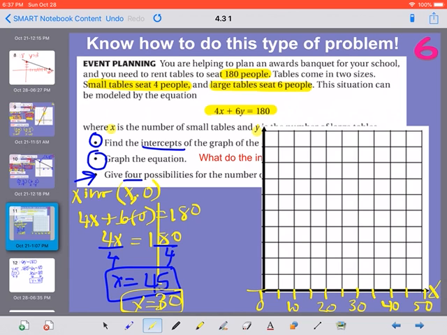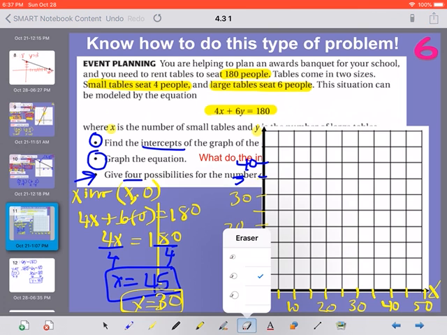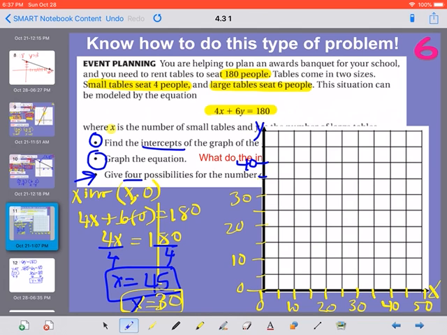Same thing up the other direction, 0, 5, 10, 15, 20, 25, 30, 35, 40. I'm going to stop there because on our y-axis, we only really need to get to 30.